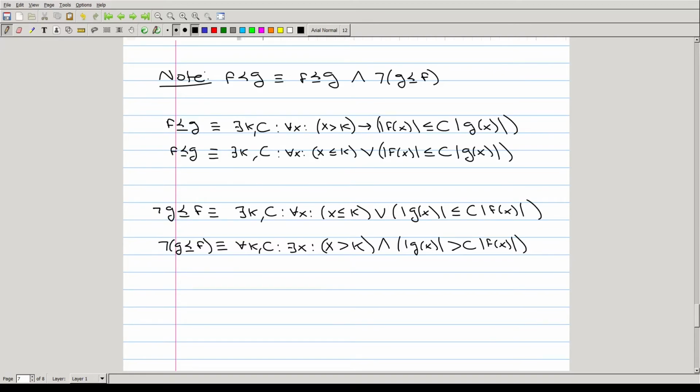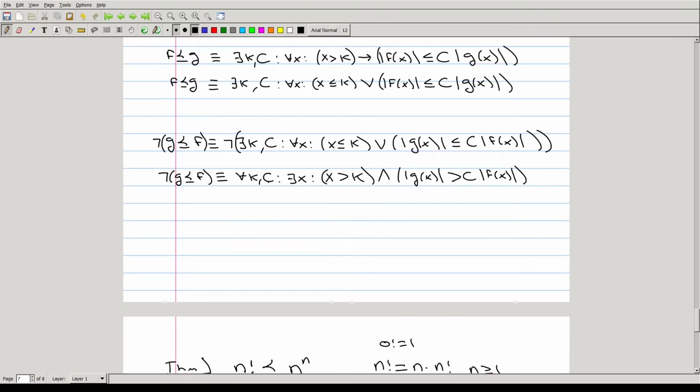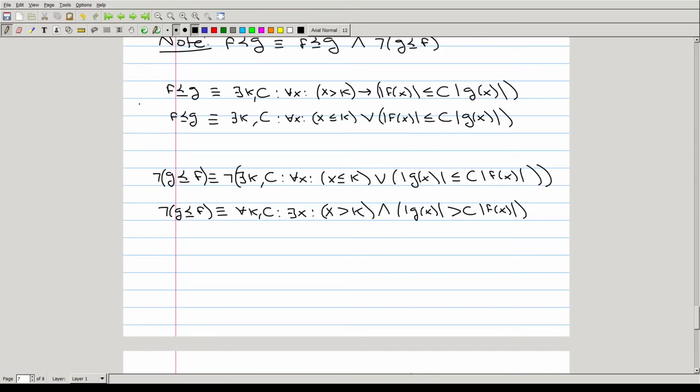So the negation of this quantified statement right here is the same thing as saying for all constants k and c there exists an x such that x is greater than k and g of x is strictly greater than c times f of x. So this is the logical statement that we want to think of when we go through and try to prove a strict domination.